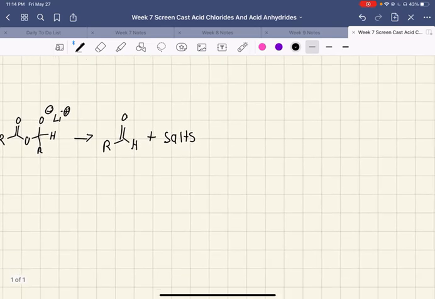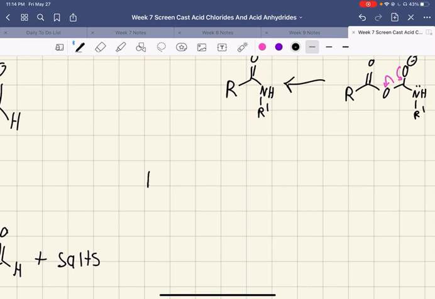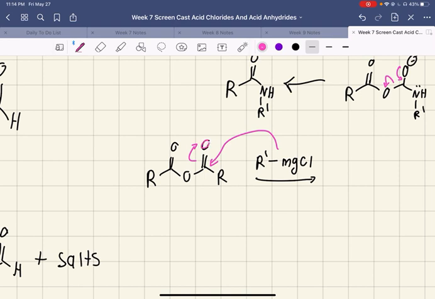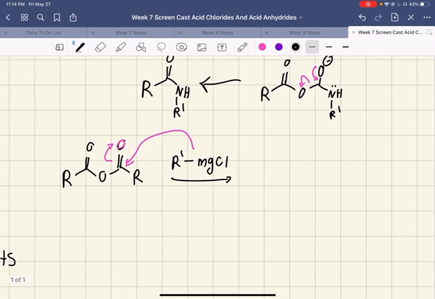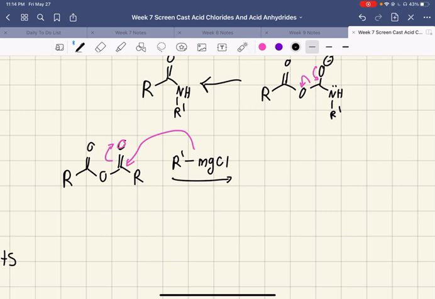Grignards will reduce any acid anhydride into an alcohol, depending on how concentrated the Grignard is. So this will be the Grignard mechanism, and it will be extremely similar to the mechanism we just drew. So that's the nucleophilic attack. This is now the intermediate formed.